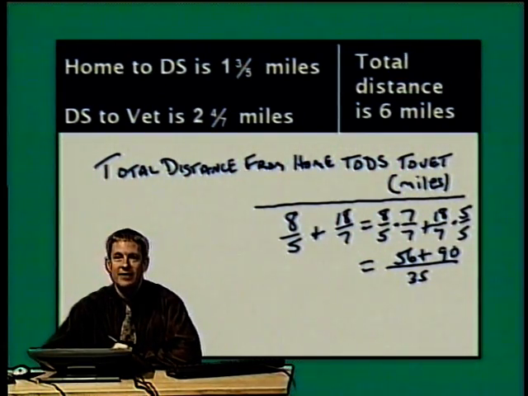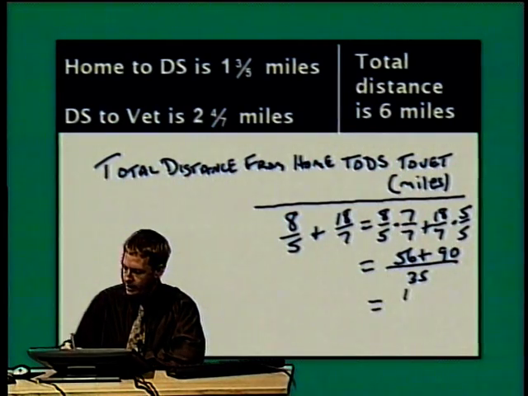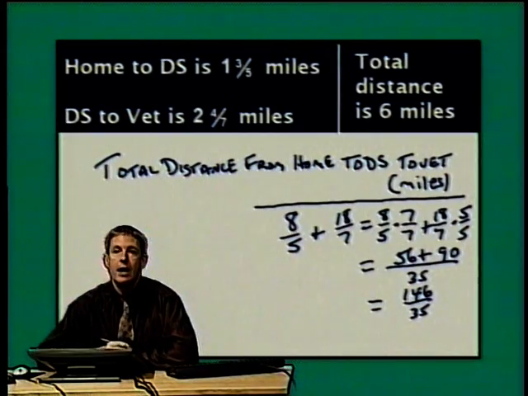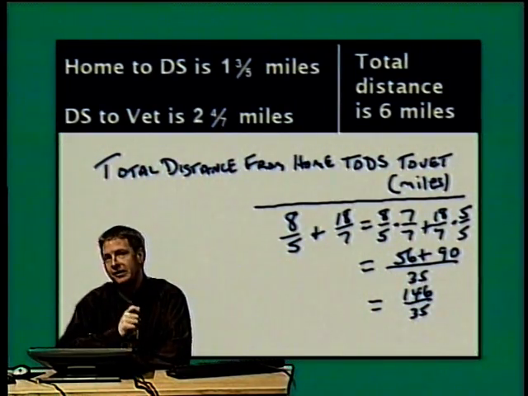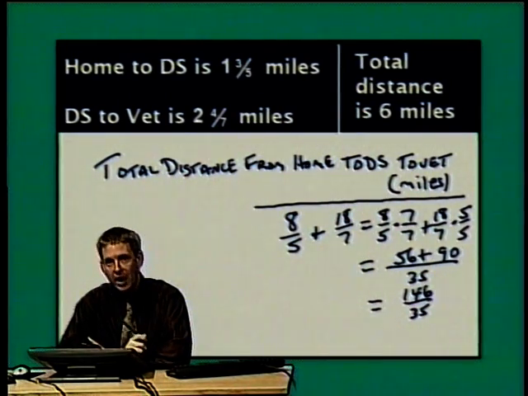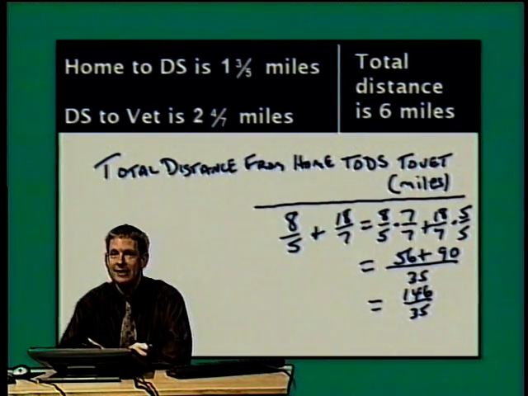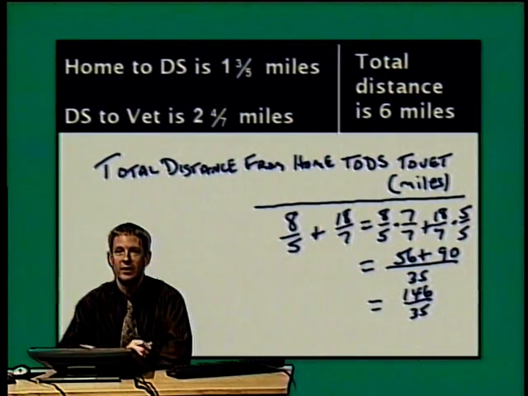And when I add 56 and 90, I end up with 146 over 35. Now, you might be tempted to change this to a mixed number. But remember, this isn't the last number that we're after. We're after the distance from the vet back to Sandy's house. So I don't want to change this improper fraction because I still have arithmetic that I need to perform with this number.